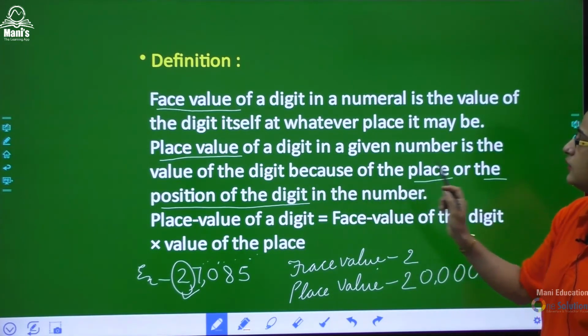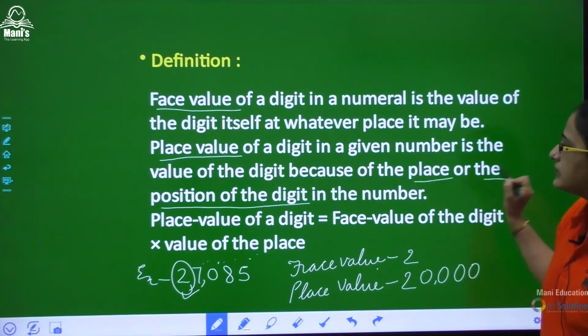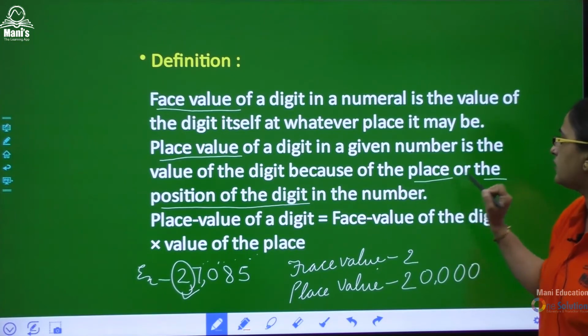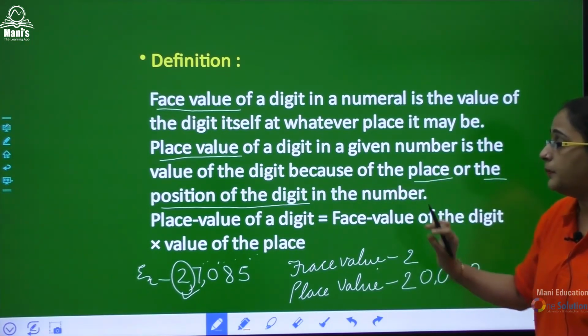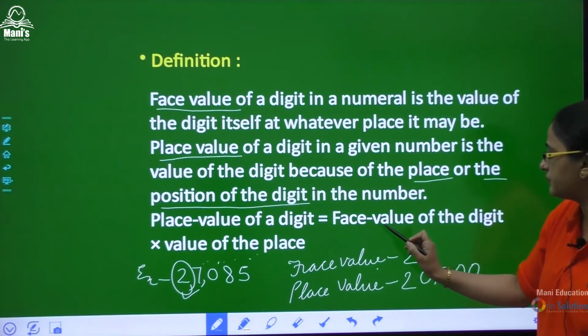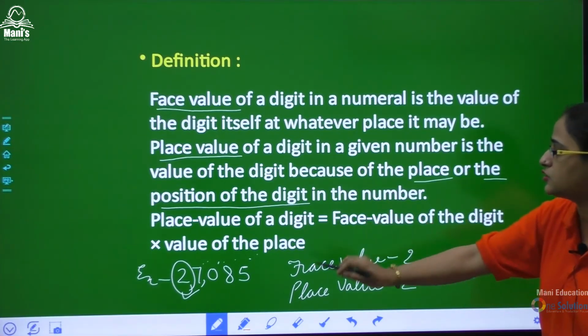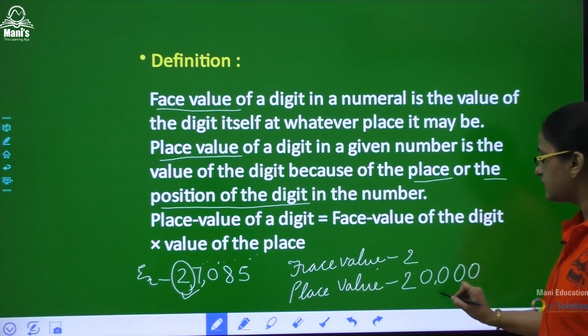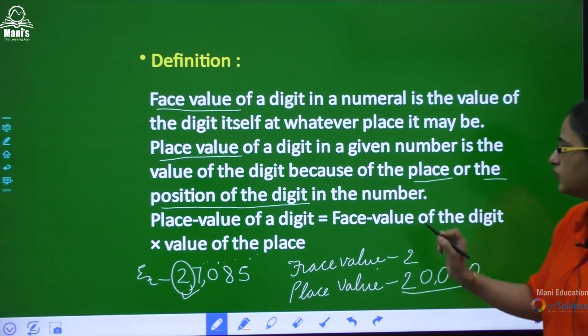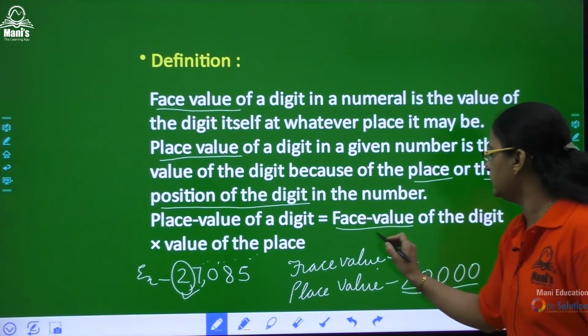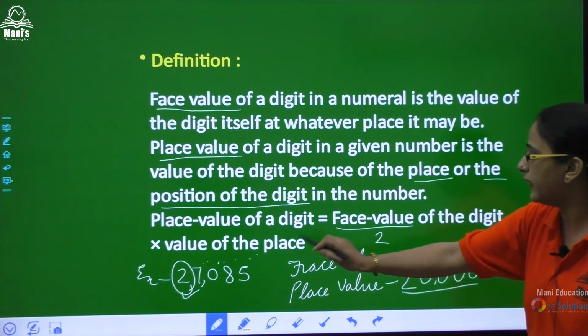So the place value of a digit in a given number is the value of the digit because of the place or the position of the digit in the number. Place value of a digit is the face value of the digit times the value of the place. Here, for writing 20,000, what are we doing? Face value, that is 2, times the value of the place.